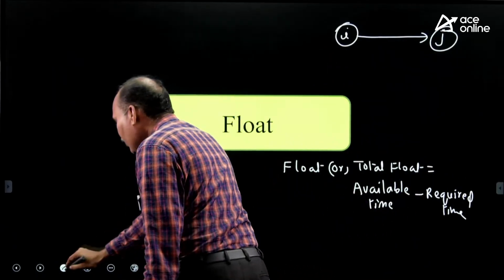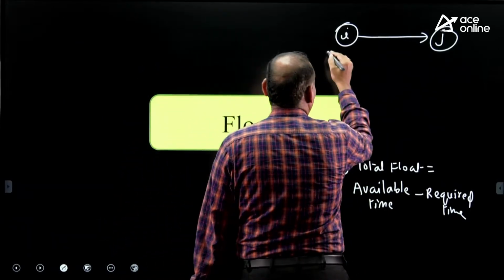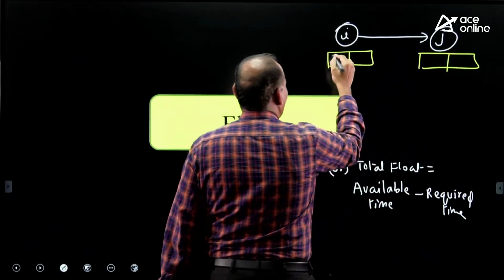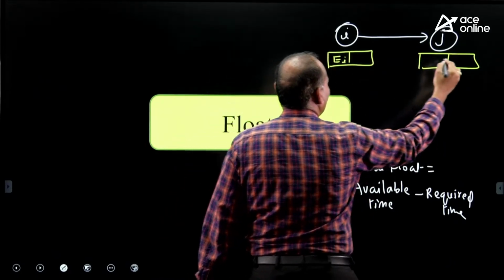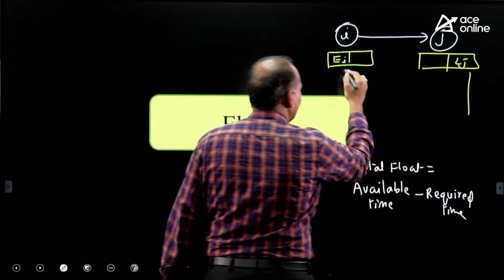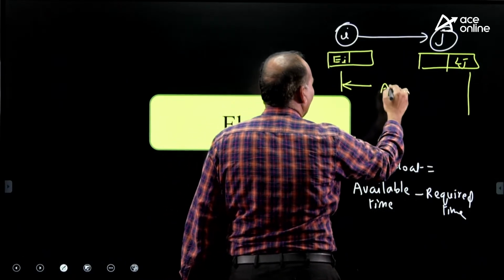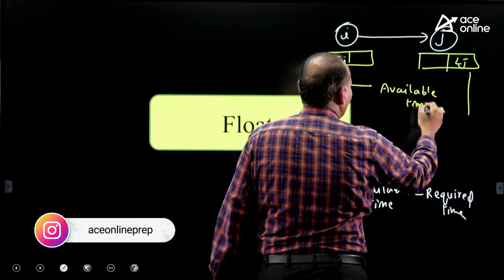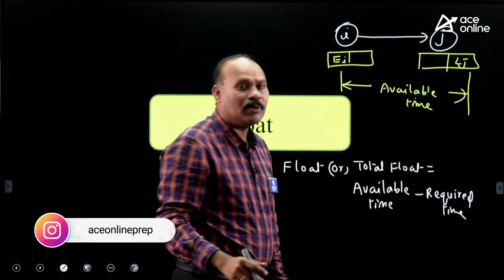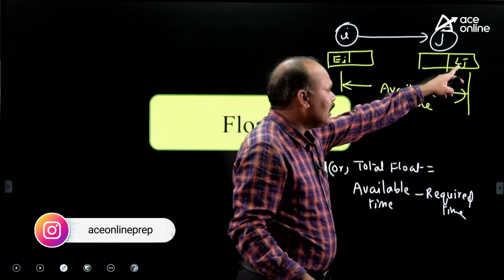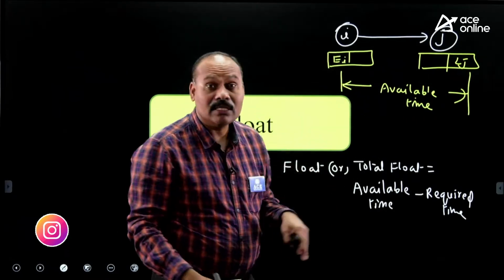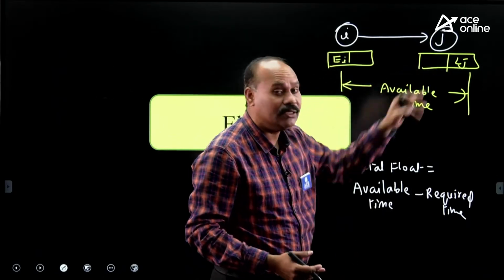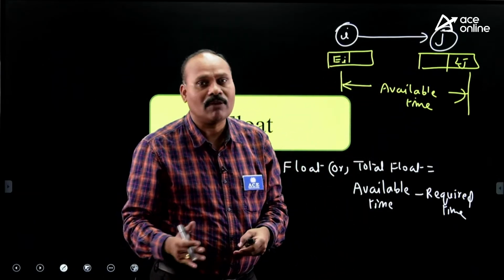So what is the available time for this? Ei, Lj. This difference is nothing but available time. For any activity, available time is equal to latest finish time minus earliest start time. So two extreme values, here Ei, there Lj. Lj minus Ei is nothing but available time.